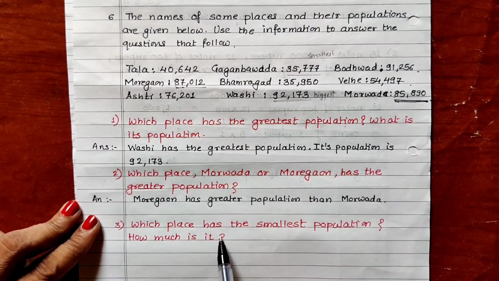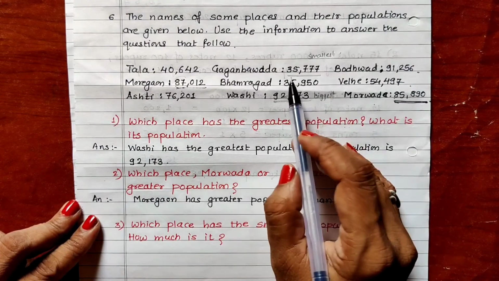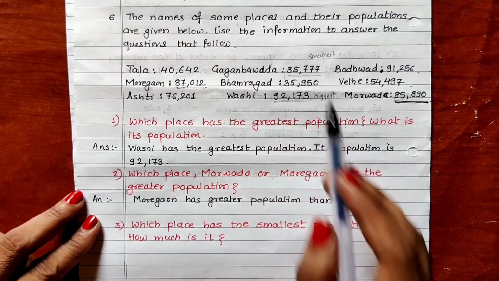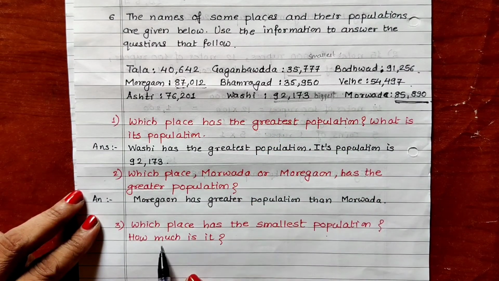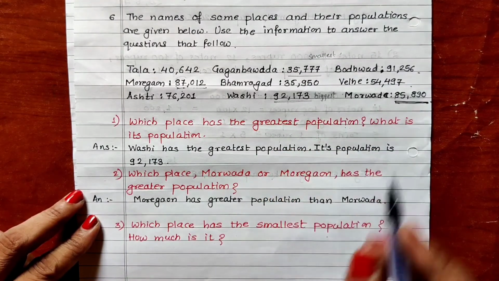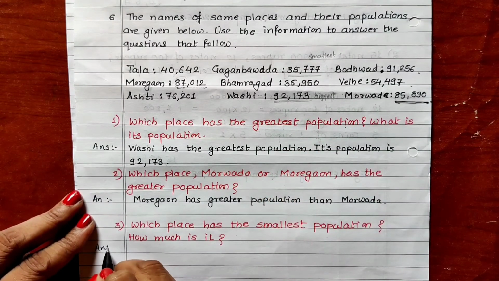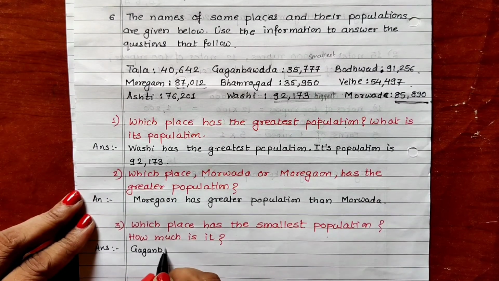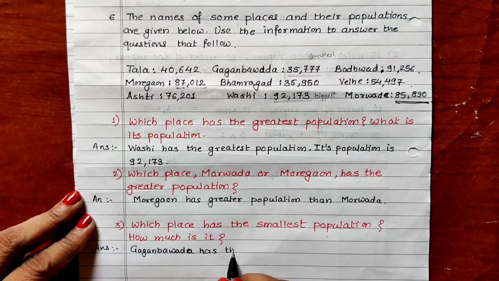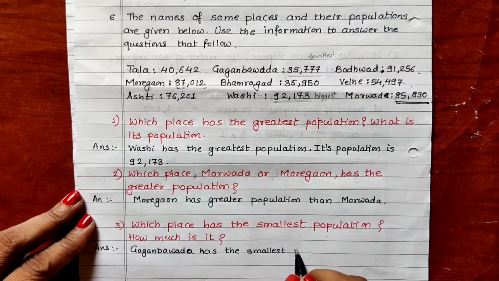Now the third question is, which place has the smallest population? We have seen the smallest number, it is 35,777. Which place has it? Gaganbawda. So Gaganbawda has the smallest population. And how much is the population? It is 35,777. Gaganbawda has the smallest population.